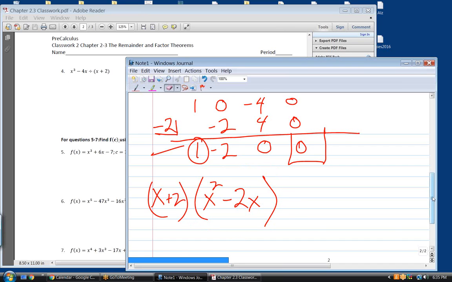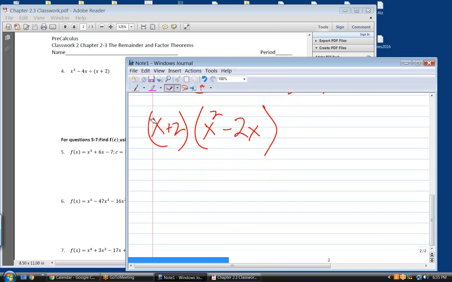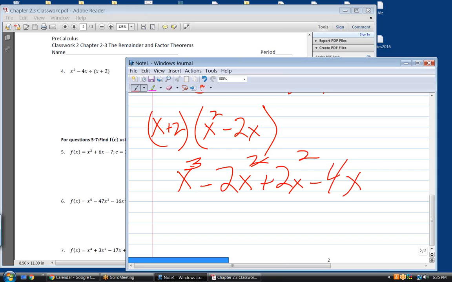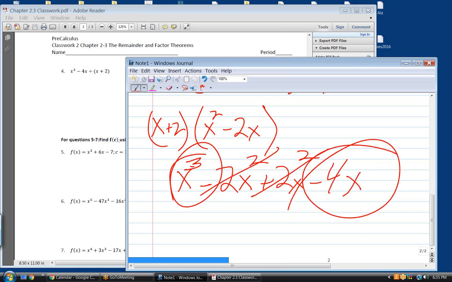Let's see if that's true. Let's multiply it back together again, foiling it. We get x cubed minus 2x squared plus 2x squared minus 4x. Those go away, and you're left with x cubed minus 4x. Okay.